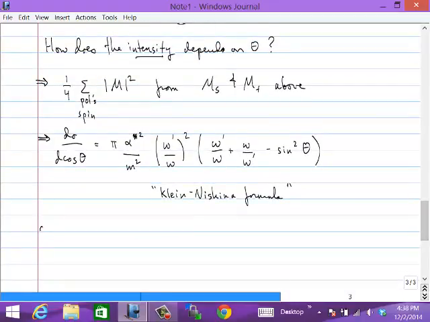For example, in the limit where the electron is very, very massive, okay, or the frequency is very, very small compared to the mass of the electron, then omega prime and omega are very close to one another.